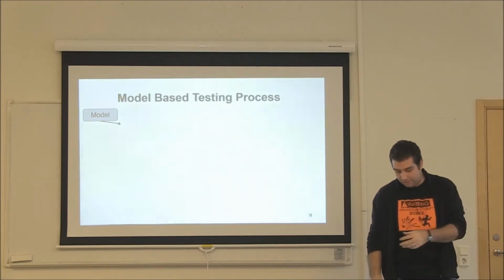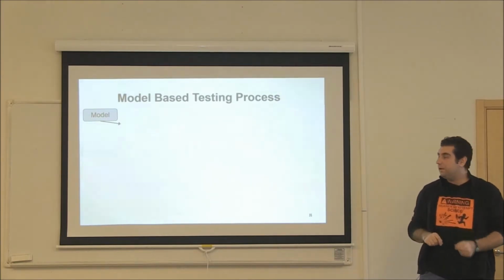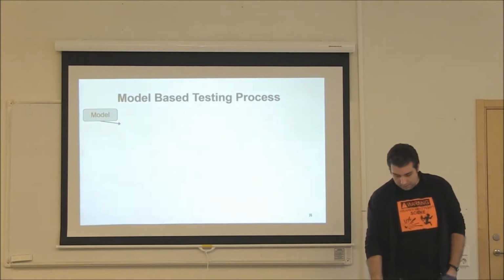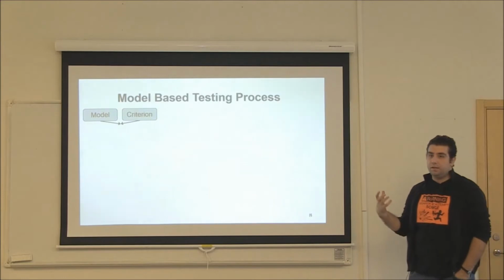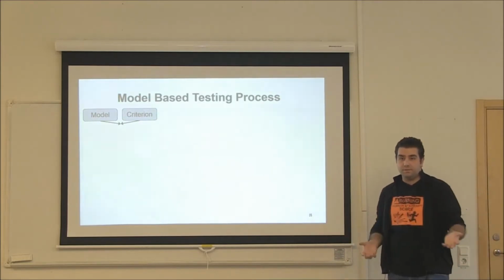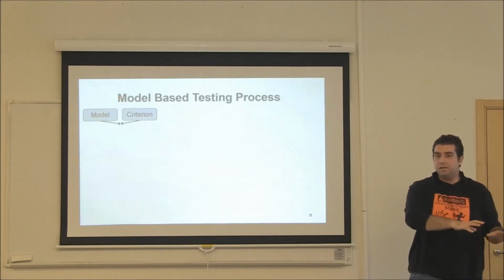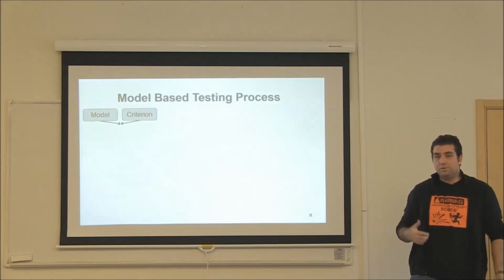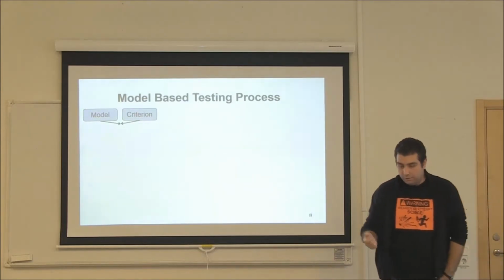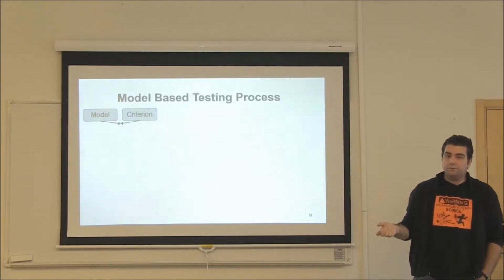So I just devised a quick process for this. Basically, you start with a model, and that comes from the requirements, from the specification. Maybe you generate models automatically, or you build them yourself. And then you have a specific criterion that you want to fulfill.